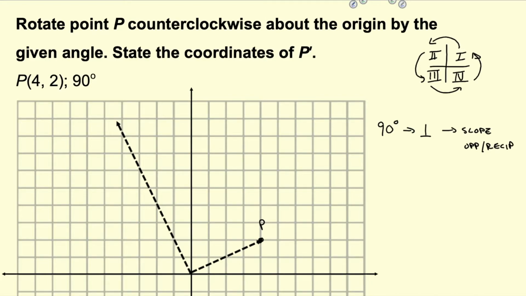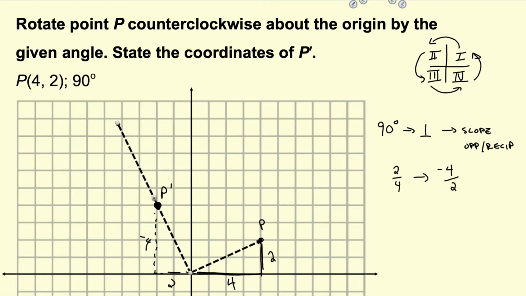So if we look at point P here, we have up 2 over 4, so the slope for that point is 2/4. The perpendicular slope is going to be -4 over 2. We switch them and change the sign. So if you imagine the point right here, where we go down 4 and over 2, that gives us P prime.